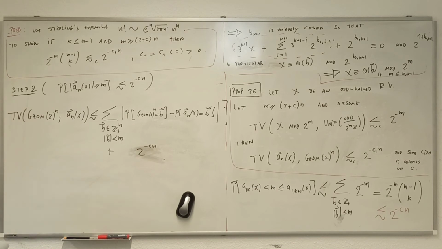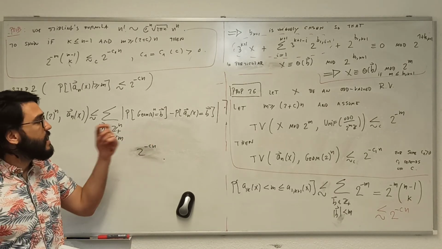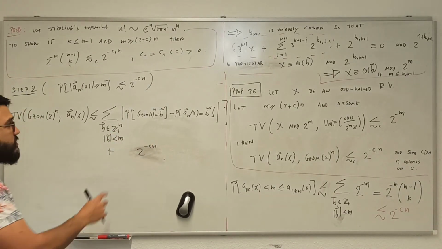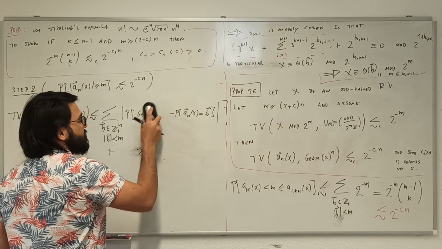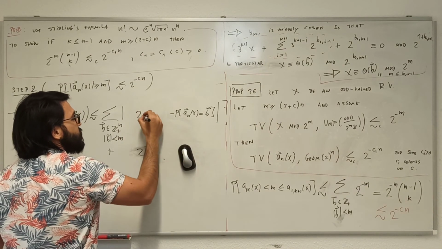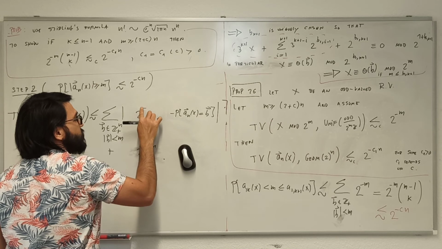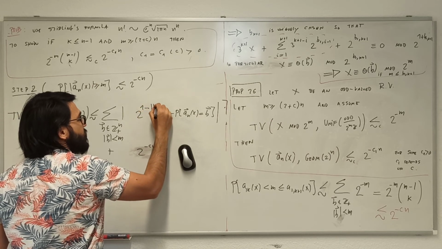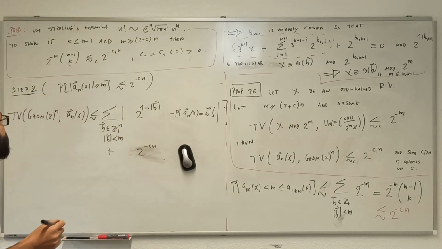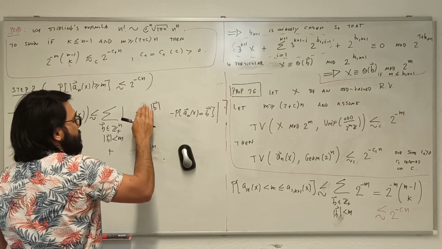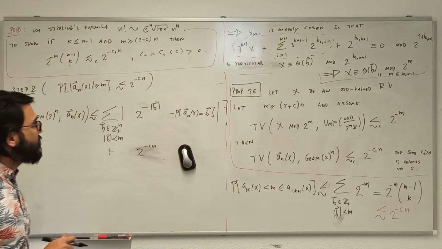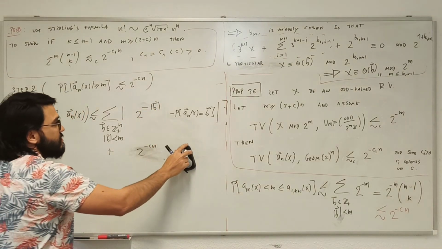Okay. Now we just have to estimate this sum. Well, this probability we know. This is exactly 2 to the minus moduli b. Oh no, this is just moduli b minus moduli b. The other was the other. This is just that.